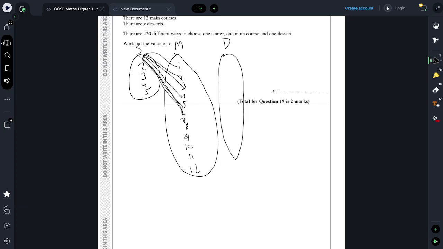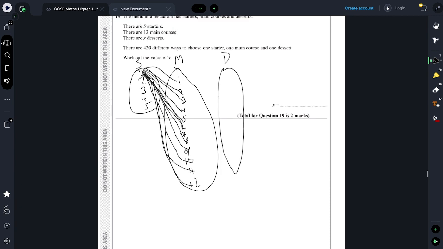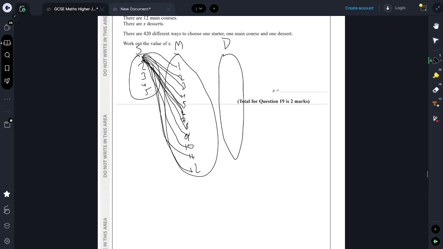I'm not going to get too messy, but you get the idea. If we pick starter number one, we can pick any of the 12 mains. We have free choice there. Then if we pick the first starter and the first main, we can still pick any of the desserts. We just don't know how many there are.